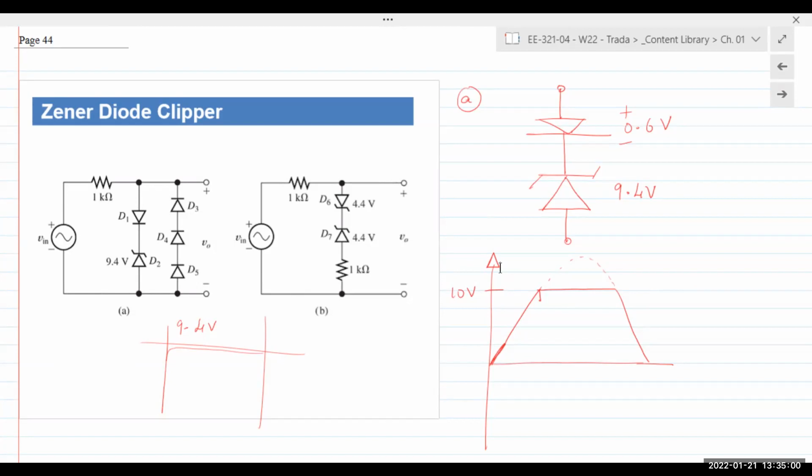So the output remains constant. Remember from last class, Zener regulator, current through the Zener will increase, but the current through the output will not. And so the output voltage will remain constant, which is basically this 10 volt line. And then again, when it drops below 10, cut off, we have a clipping circuit.